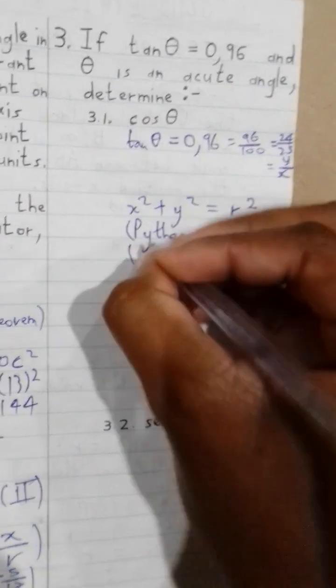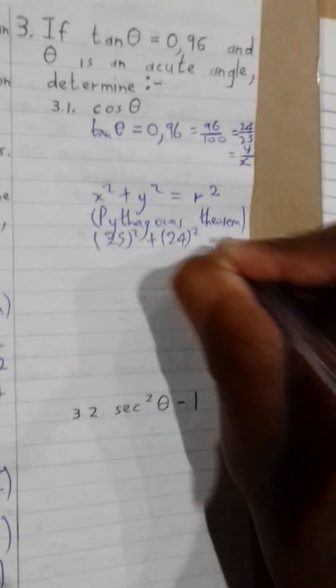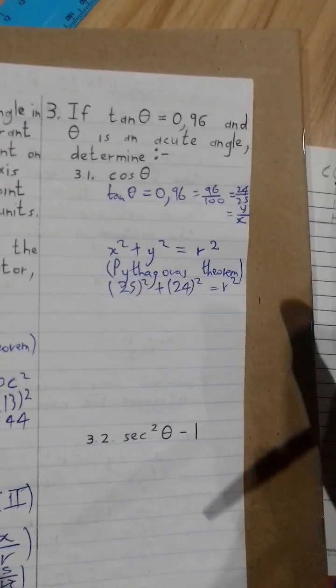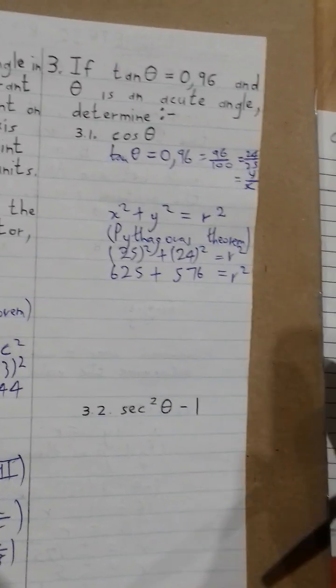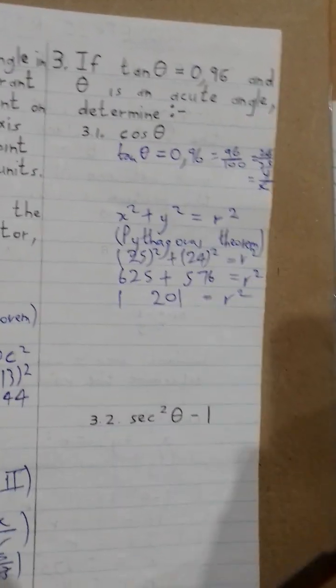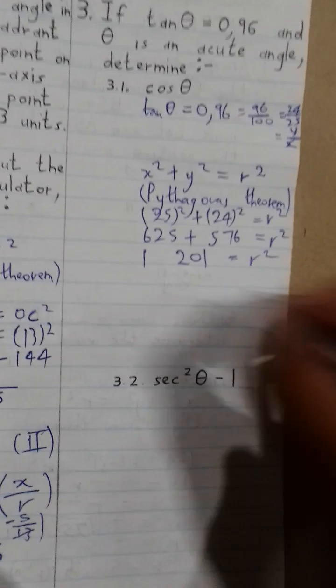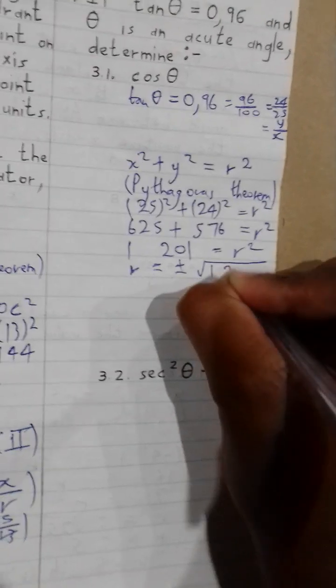What is x? 25 squared plus 24 squared. 625 plus 576 is 1201. r is plus or minus the square root of 1201.